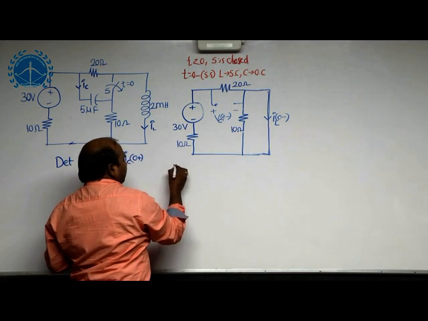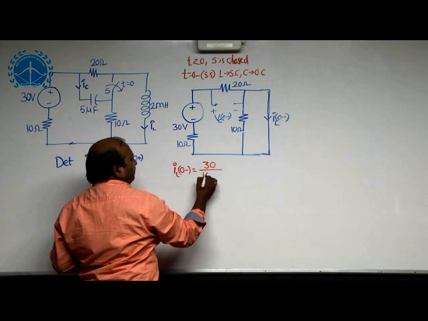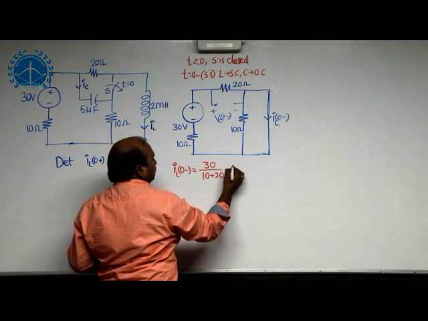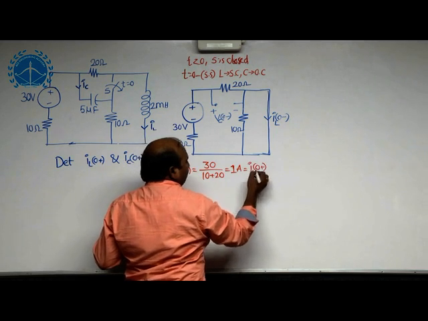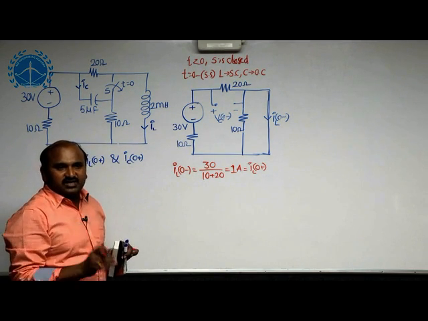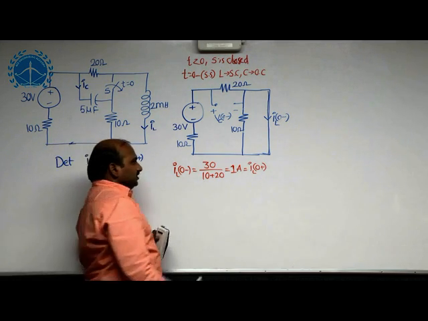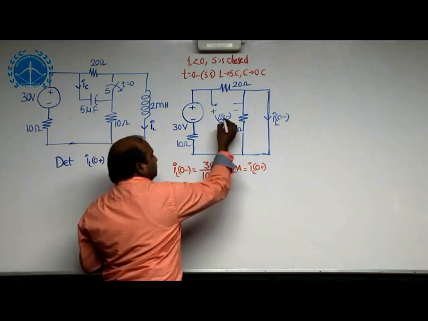Then IL of 0 minus is equal to 30 by 10 plus 20, which is equal to 1 ampere, the same as IL of 0 plus, one of our required values, since current does not change instantaneously in the inductor. This current is the initial current.